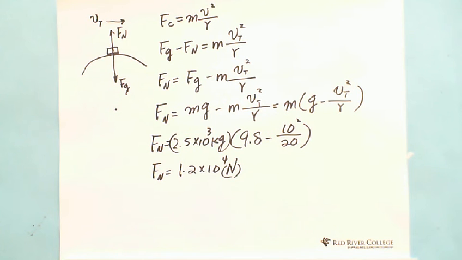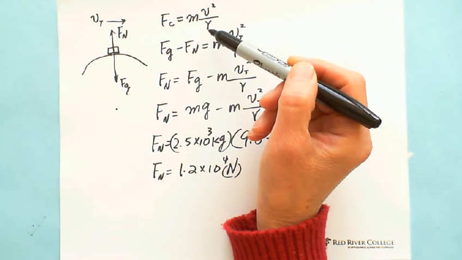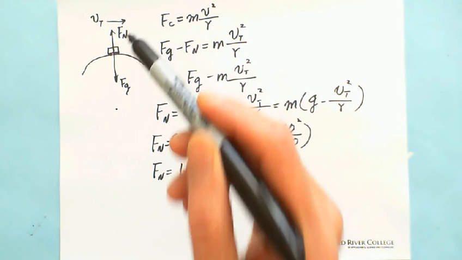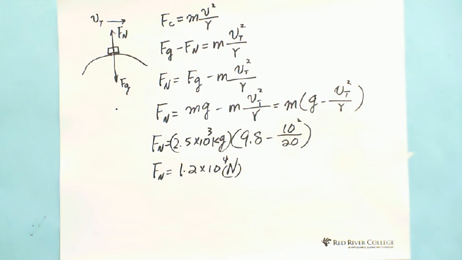This video is just to give you an idea that the normal force can also be the centripetal force. The second point is that when you write the centripetal force equals mv squared over r, make sure the centripetal force is the net force, and its direction points to the center.